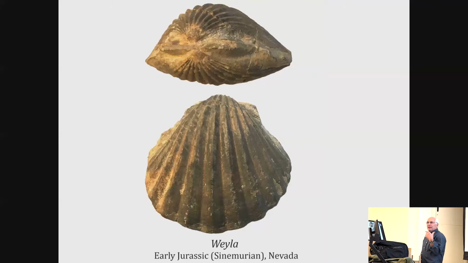We also worked with bivalves to some extent, clams, and this one happens to be from Nevada because it was better preserved than some others that I have, but they're in Oregon as well. They're all restricted to the lower part of the Jurassic. This animal first appeared about 195 million years ago and then died out about 175 million years ago.